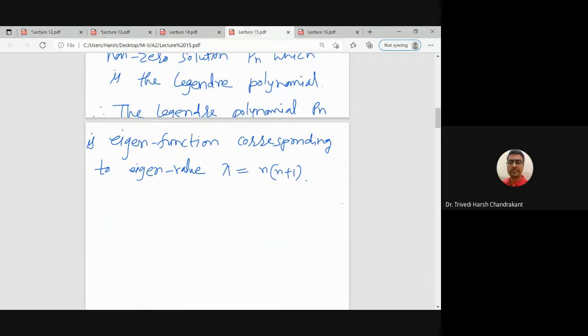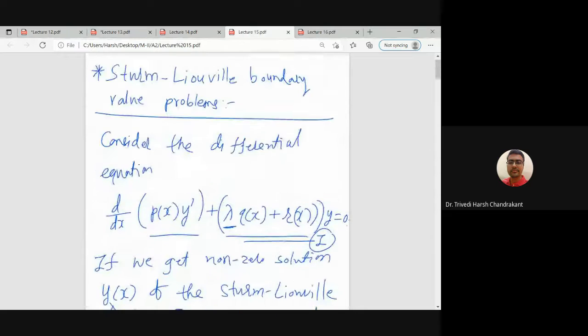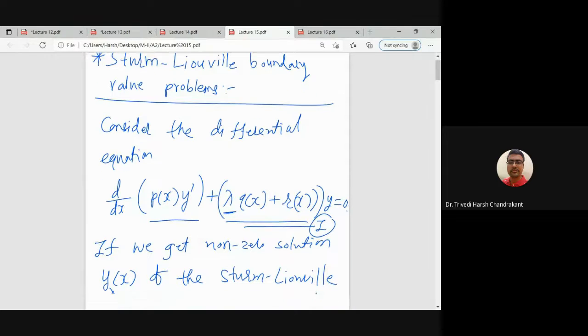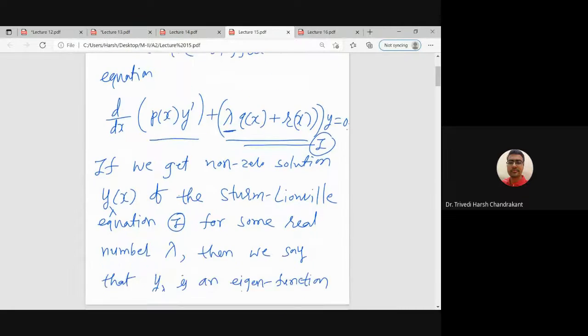So in general, if we have a Sturm-Liouville problem, what can we say about the non-zero solutions corresponding to different values of lambda? Whether they are mutually orthogonal or not, right? So let us verify that.